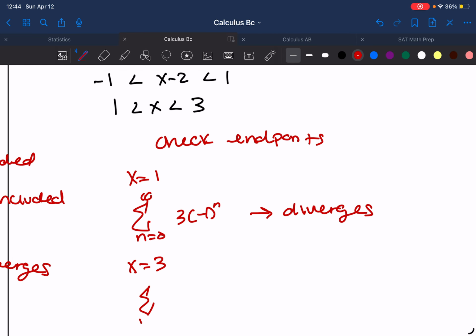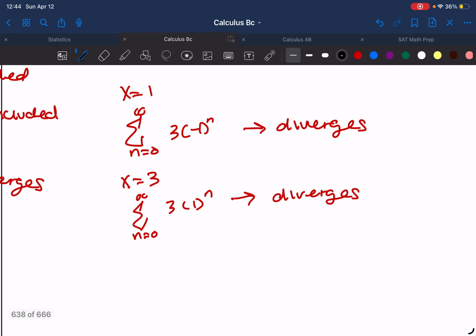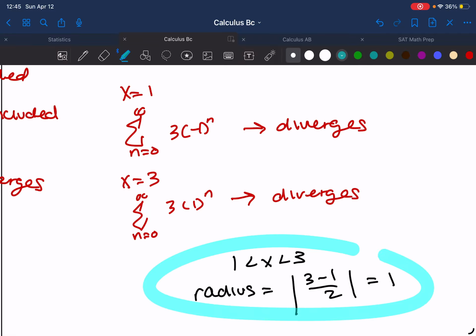So the summation of n equals 0 to infinity of 3 times 1 to the power of n also diverges. So x equals 3 is not part of the interval. And so for here, I have my answer of 1 less than x less than 3. That is my interval of convergence. And then to find my radius, I do the absolute value of 3 minus 1 over 2, which is 1. So this would be my answer.